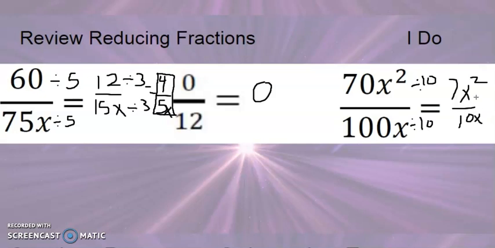They also both have an x, so we could take one of those away. So we could divide each of these by x. If we have x squared and we took away one of those x's, we have x left. And then we have 10 in the denominator. So our simplified fraction is 7x over 10.